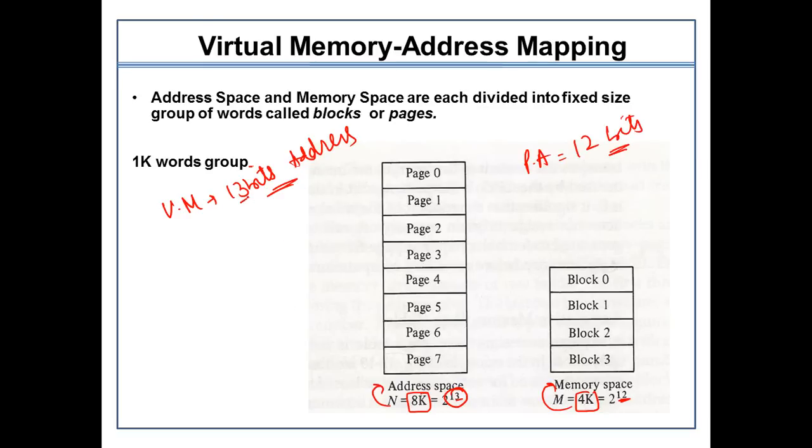So a 13-bit virtual address needs to be mapped into a 12-bit address using the memory mapping table. I have to apply a certain mapping procedure so that one bit from the virtual address can be eliminated, and it should then provide me the physical address value.